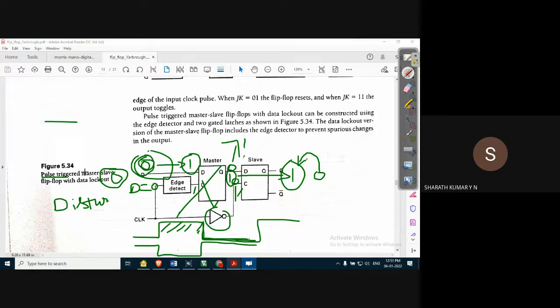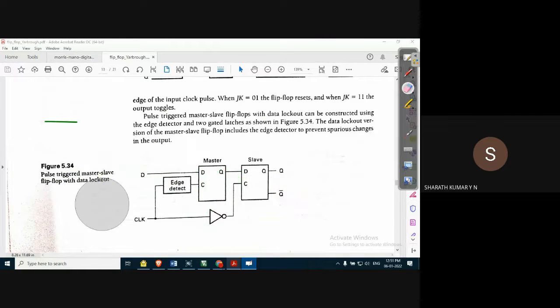This problem, in the case of pulse triggered flip flops, which are also called level triggered flip flops, can be overcome using what is known as edge triggered flip flops. Edge triggered flip flops are a very simple case. Initially D is 0, for example. Okay, clock pulse is applied. Let us say a positive pulse, for example.